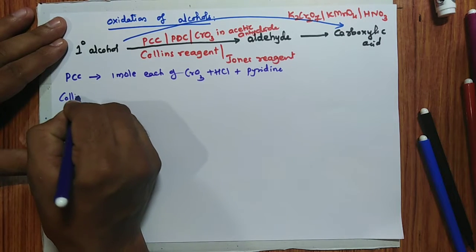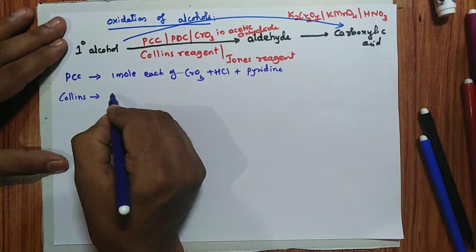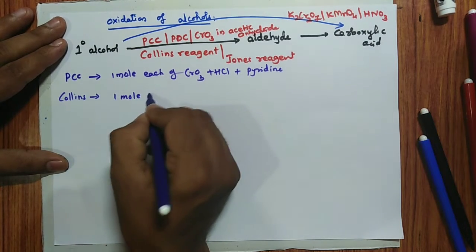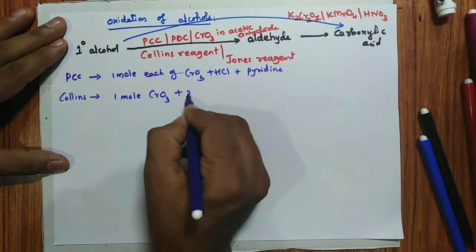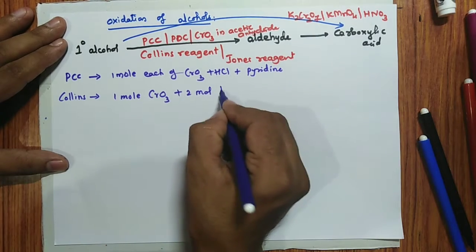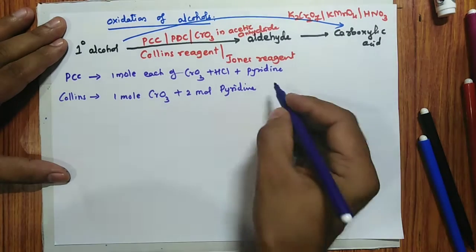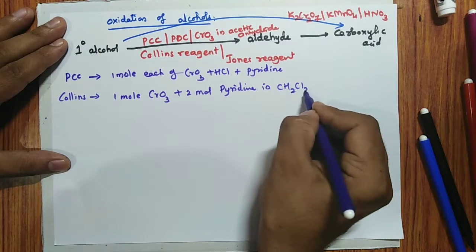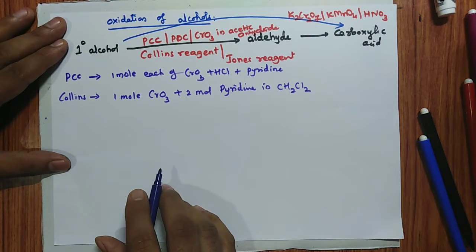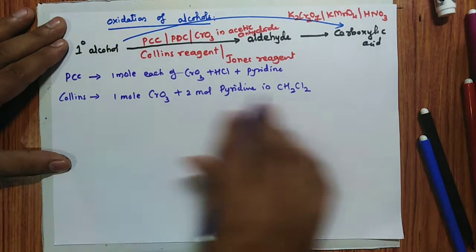The same thing if I go for Collins reagent, this is, remember, 1 mole of CrO3 plus 2 moles of pyridine, very, very important, 2 moles of pyridine, in CH2Cl2, dichloromethane. That is the difference between Collins reagent and PCC.